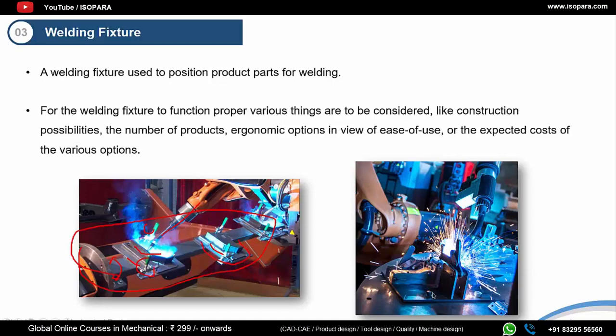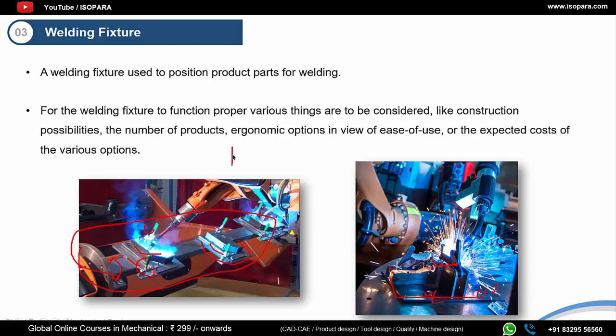Again, here also we have a welding fixture. The base plate is mounted through these nuts, and then we have a clamp holding it down. So this is what a welding fixture is. It basically holds down the part for welding purposes.